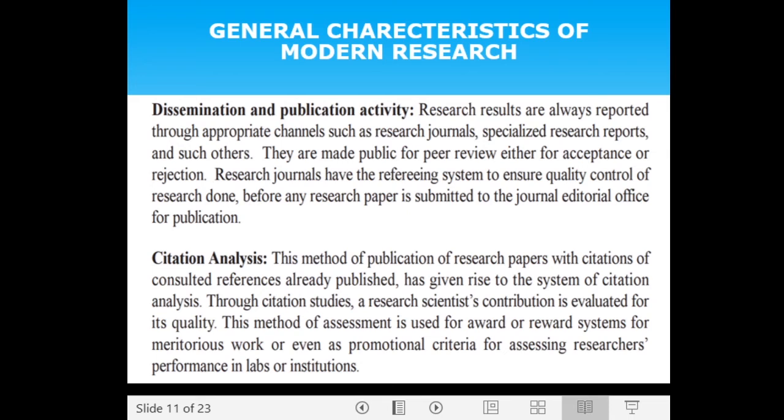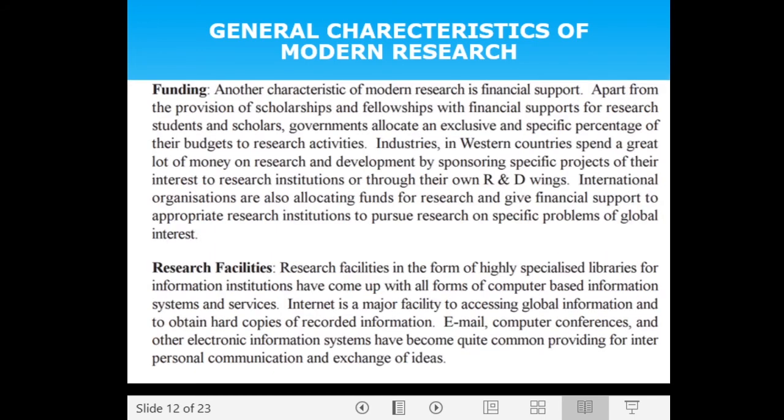If I am doing research on one topic, I might see the references and reviews of other previous researchers. When I am writing my own research, I have consulted other works, so I am referring to them in my own research. That reference part is called citation. I am acknowledging them, or else it will become plagiarism. So citation analysis is an important part in analyzing the influence of research.